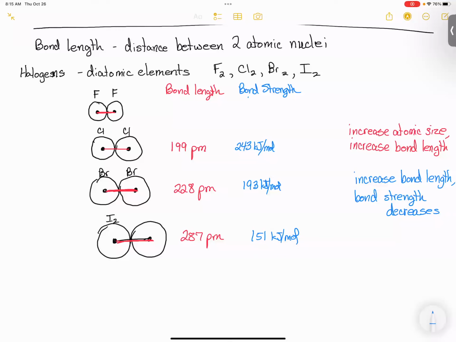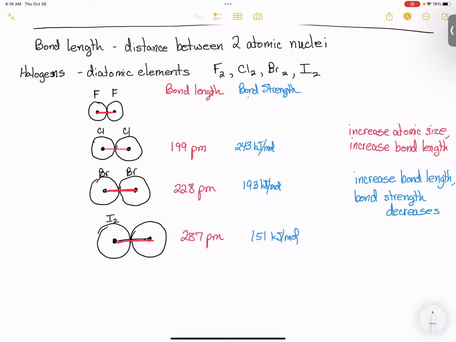So now that I'm not trying to write and draw and everything, let's just review what I've just said. Basically, I came up with the halogens, which are diatomic elements. Their atomic size increases because we're increasing the principal quantum number, that is, we're increasing the shell.